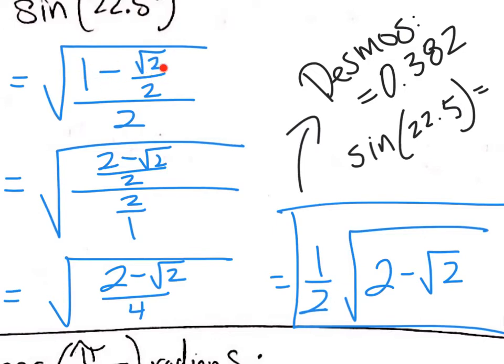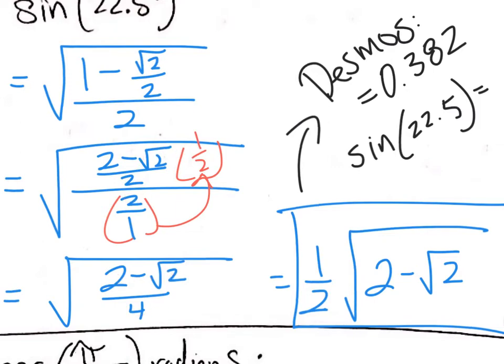So when we have a complex fraction, or compound fraction, sorry, meaning there's a fraction within a fraction, you're getting a common denominator up top and down below, right? So I have a common denominator up here. I've written 2 as 2 over 1 so that, dividing by a fraction is the same as multiplying by the reciprocal. So this is where the 4 comes from in the denominator and 2 minus root 2 in the numerator.